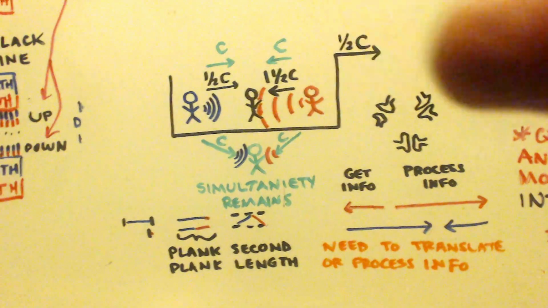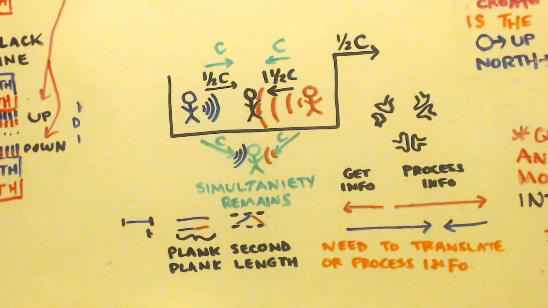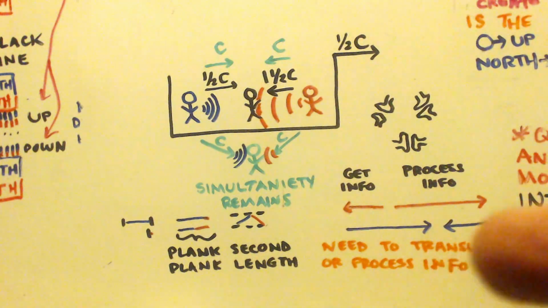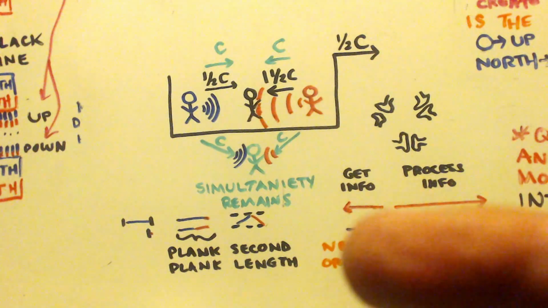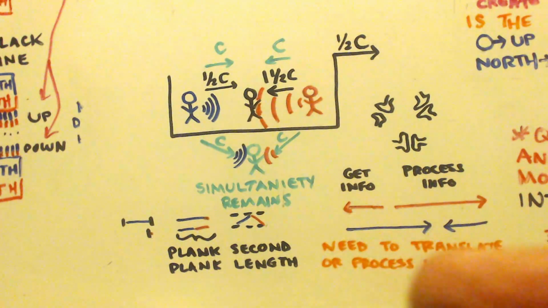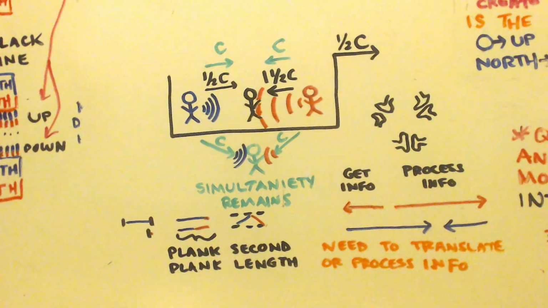In the other direction, he gets the information quickly from the blue guy, but processing takes longer. You can see that getting the information and processing it is the same length. It's the same Planck length.